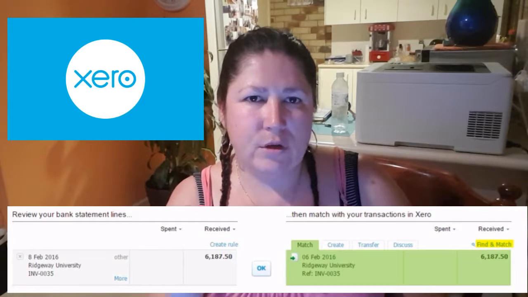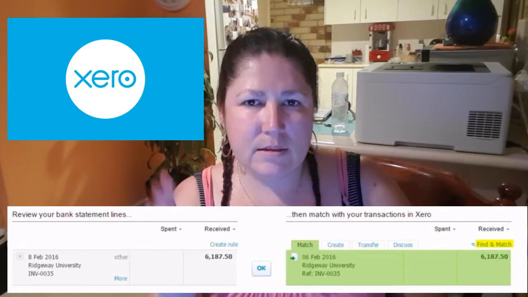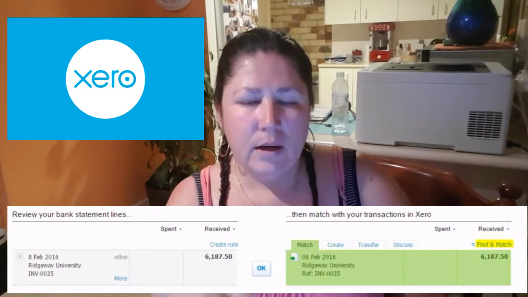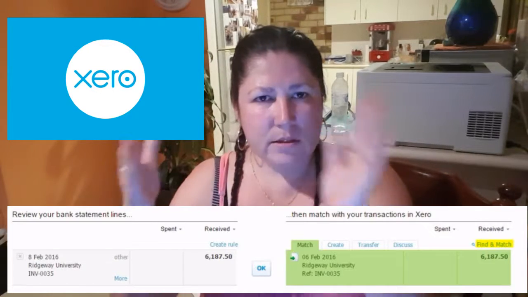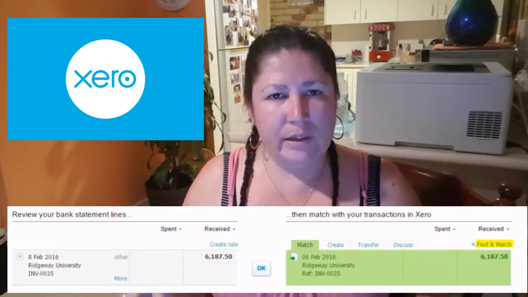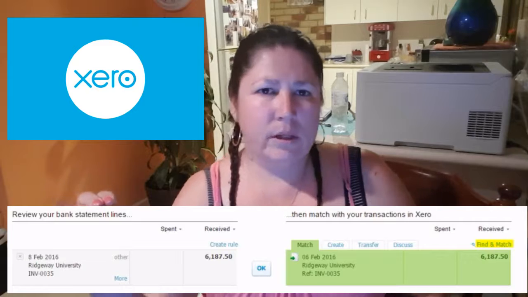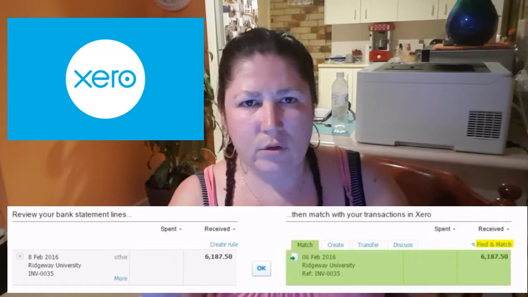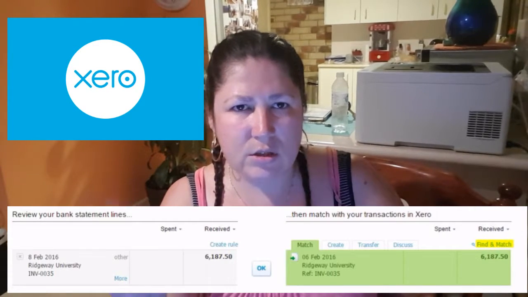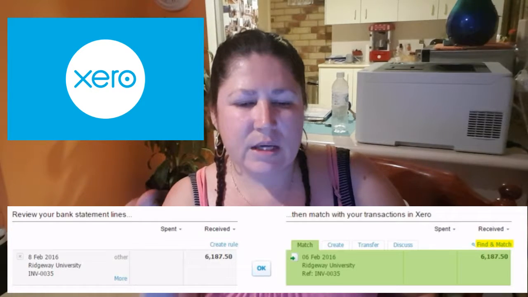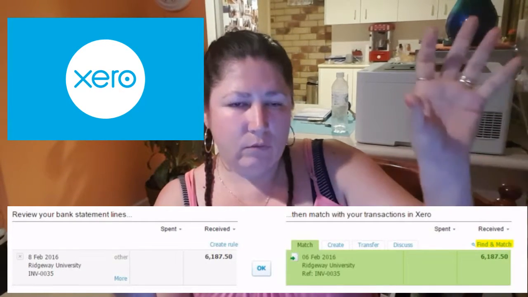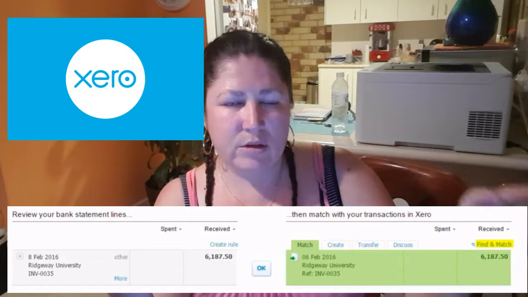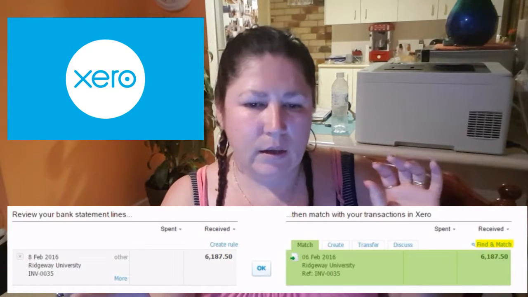And out of all the software that I've used, Xero is the best sales matching software, in that it highlights the right side green and says, oh, is this your invoice that you've created in your sales invoice section? Is this the invoice that is being paid via your bank transaction that I can see here?